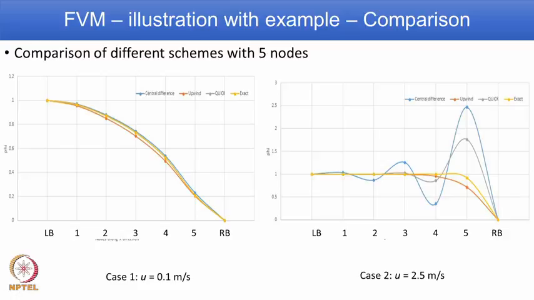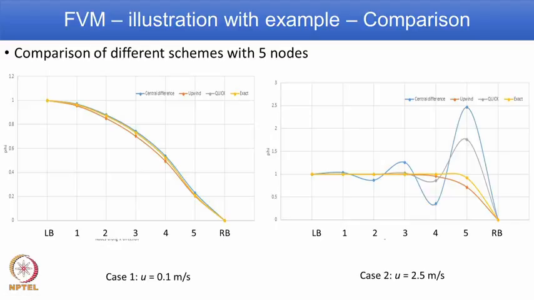The upwind scheme is almost matching with the exact solution, and the central difference scheme shows a very big wiggle, whereas with the QUICK scheme, though the performance is not matching, you are able to see the wiggle gets reduced. From the central difference scheme it gets reduced this much. Similarly, on the other side it gets reduced from this side to this level.